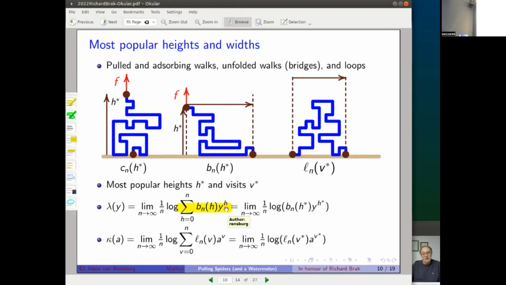There is a value H star where this single term, Bn H star y to the H star, dominates the sum, and certainly the n-going-to-infinity limit will give you lambda of y, so that we get that lambda of y is in fact equal to this, where we've just dropped the summation and replaced h by h star. And so h star would be the dominant term in the summation, and the similar thing goes for kappa.